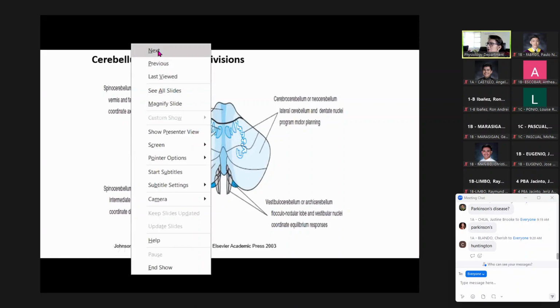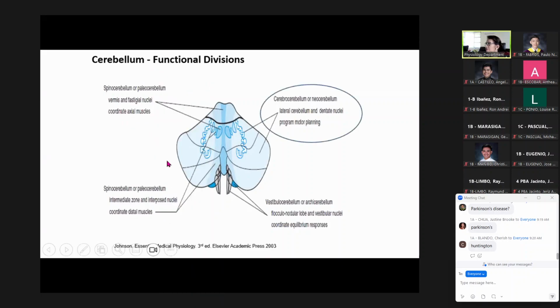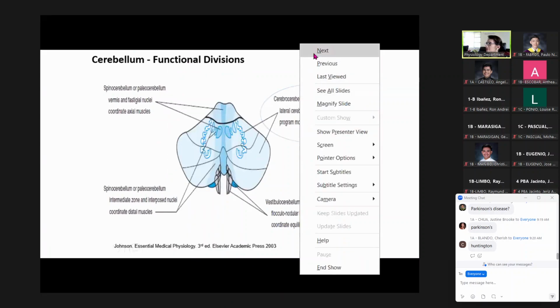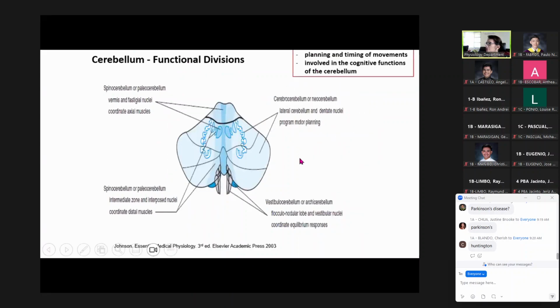The vestibulocerebellum has something to do, cerebrocerebellum. Okay, so the cerebrocerebellum has something to do with the lateral cerebellum and the dentate nuclei. They are involved in planning and timing of movements and involved in the cognitive functions of the cerebellum.